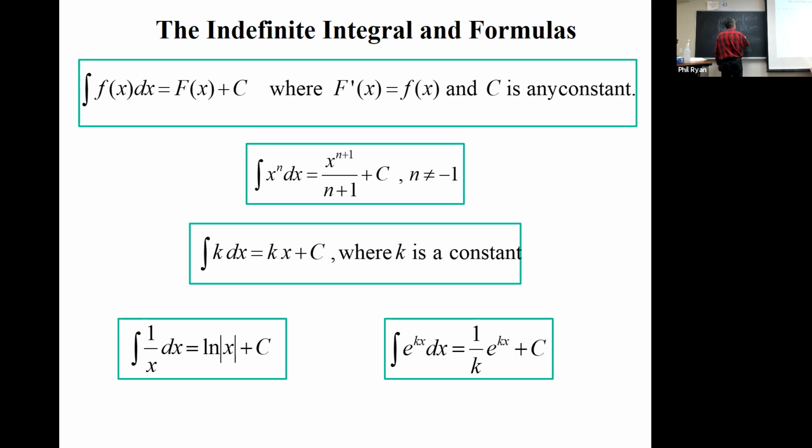So that means the integral of k e to the kx is e to the kx plus c. And again, we can divide by k to get the exponential rule. Let me let you digest that for a second.